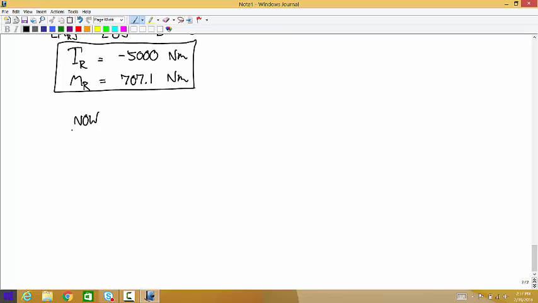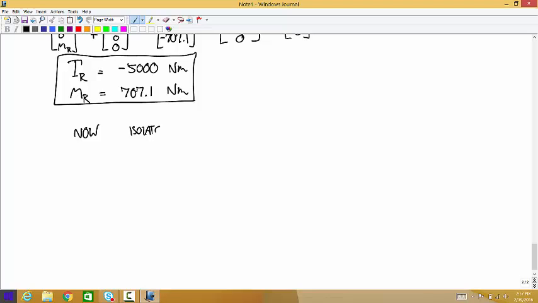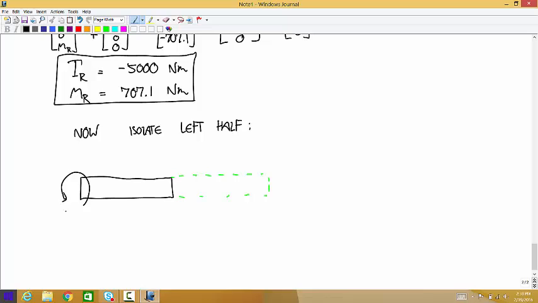Okay. So now we're going to isolate the left half of the beam. And this is the one that I drew before. So there's all this part of the beam that we're ignoring. And now what we know is, on the left end, we have a couple MR of positive 707.1.